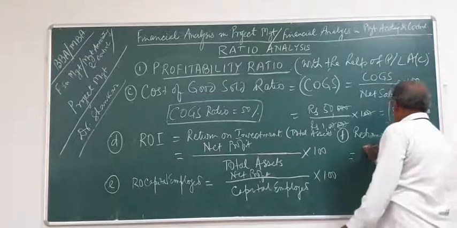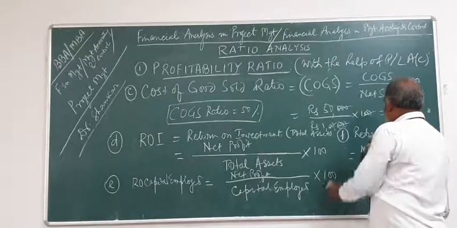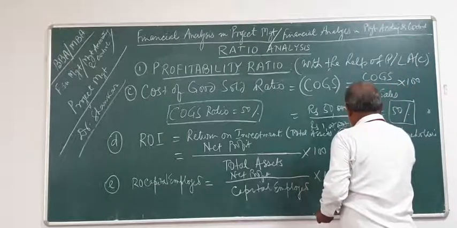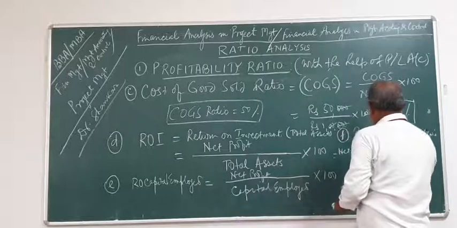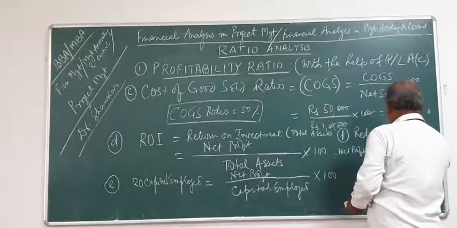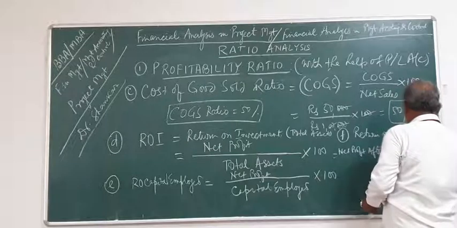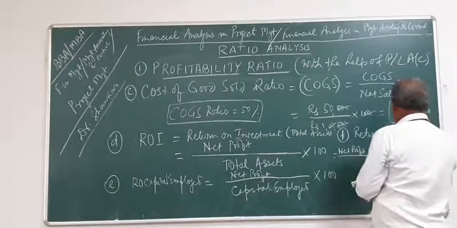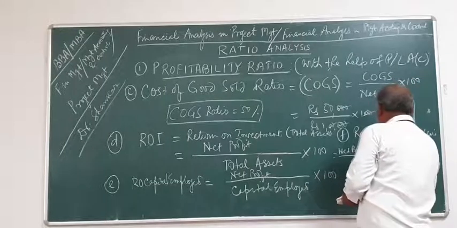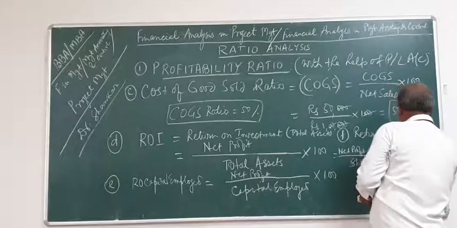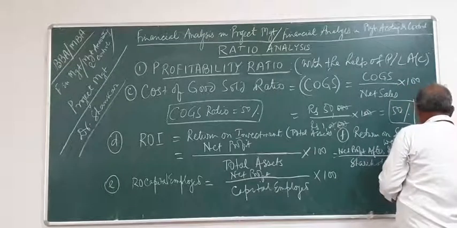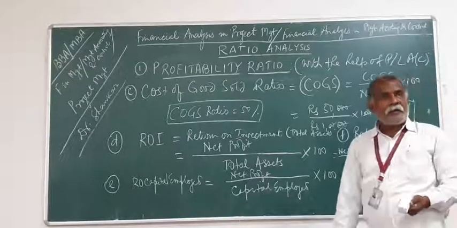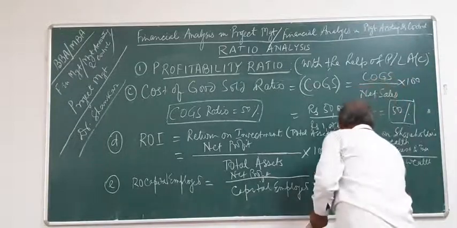This is called net profit after interest and tax divided by shareholders' wealth. Okay. Now, next one, G.